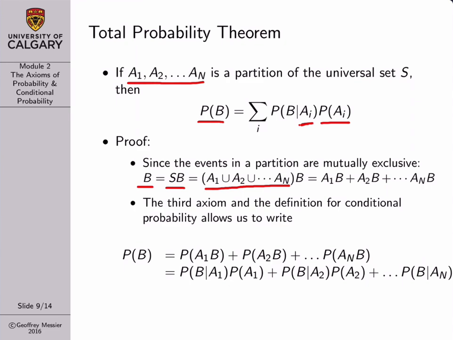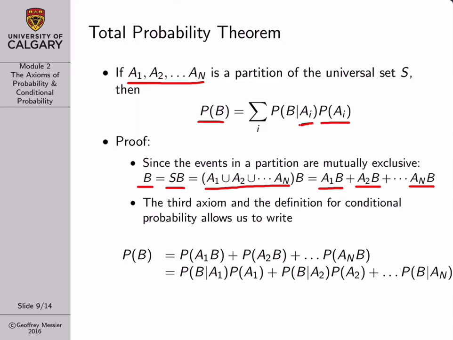And based on the distributive property of intersection and union, we can then write this as the intersection of A1 with B, the intersection of A2 with B, and so on. Now, all of these terms are mutually exclusive because A1 and A2 by definition don't intersect, because they're a partition.